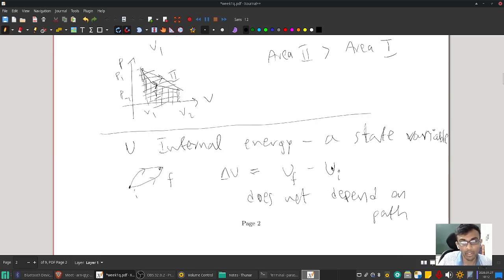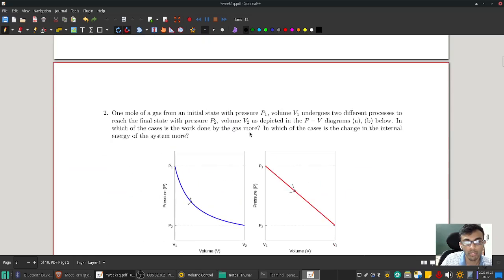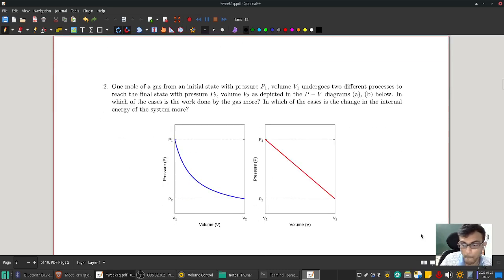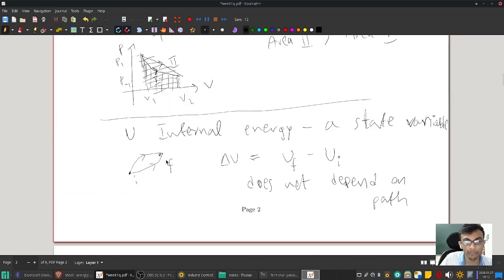Or we can also say that equivalently you can assign, so U is a function of just the state variables, let's say PV and number of moles.